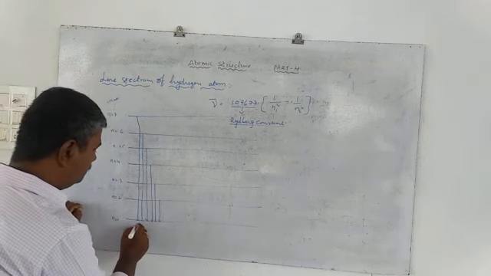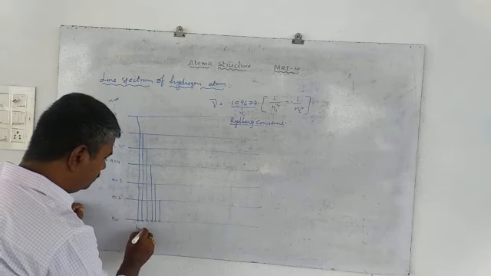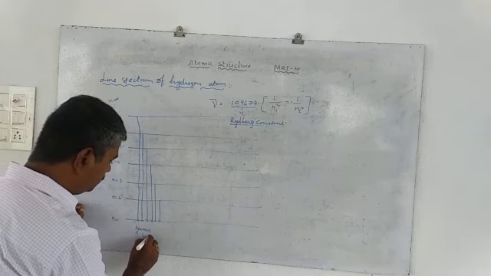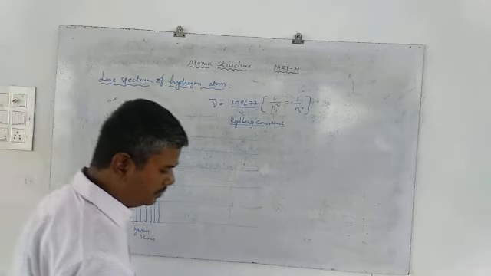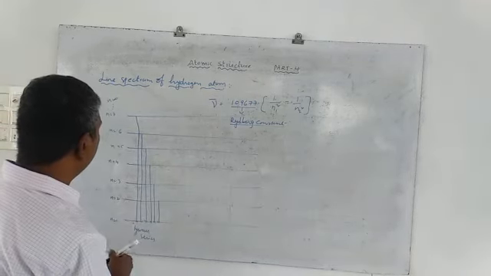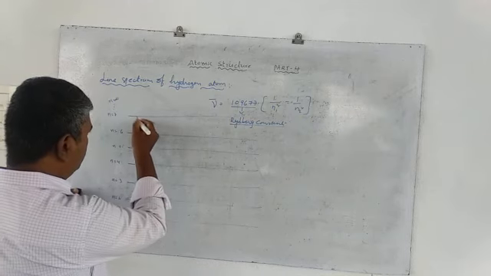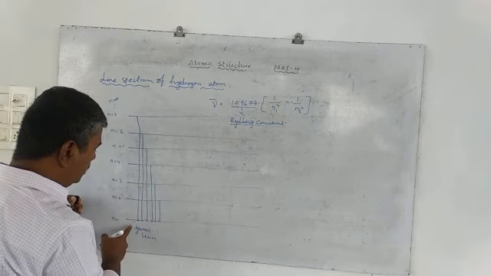This one is the Lyman series, where the ground state is n1.